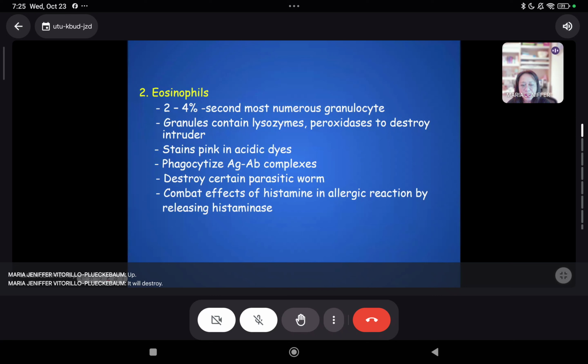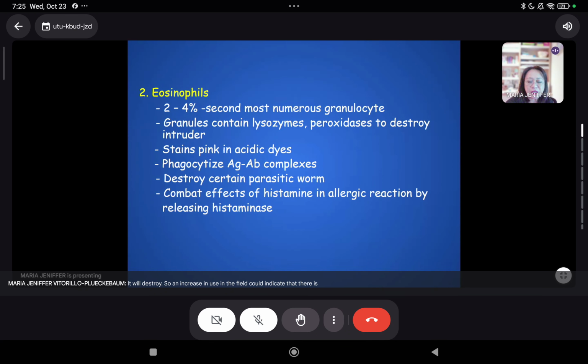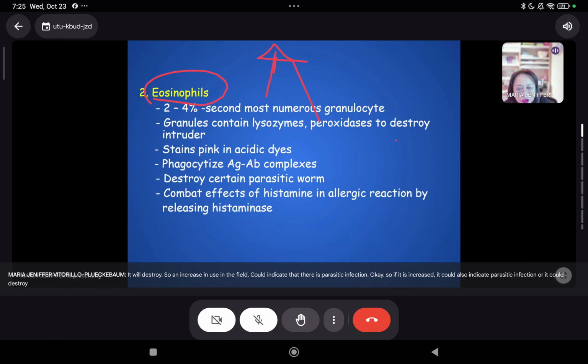An increase in eosinophils could indicate a parasitic infection, or it could destroy certain parasitic worms. It could also be increased during an allergic reaction, as it combats the effects of histamine.